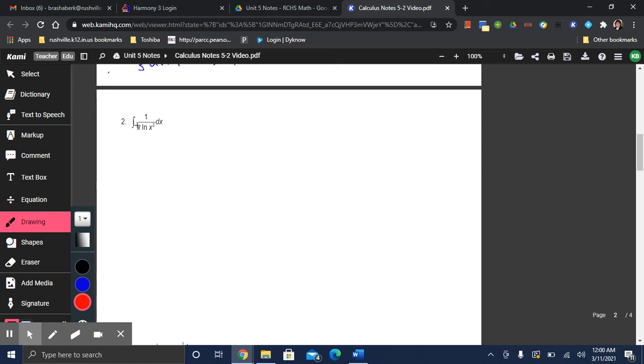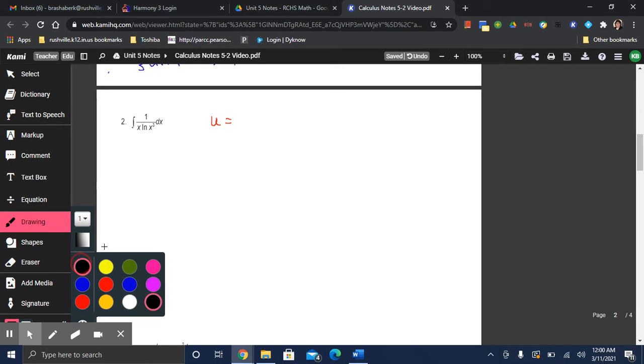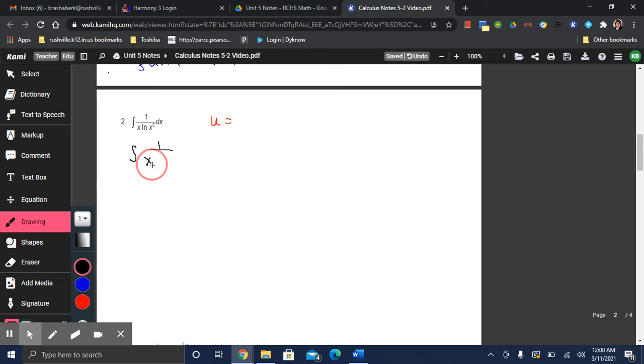Definitely we'll need to use a u. We have this multiplication. So I think that before I do the u, I am going to bring this 3 in front. So I'm going to do one rewrite. The integral of 1 over x times 3 natural log of x.